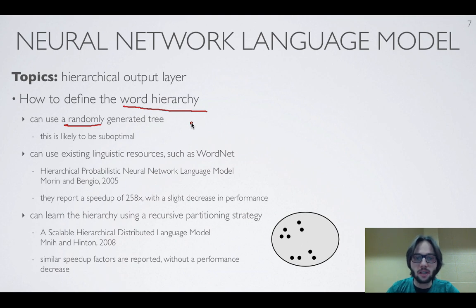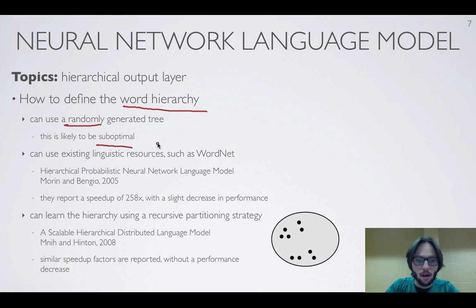And then we just assign the leaves of that tree randomly to different words. So we take each word and we assign it randomly to a different leaf in the tree. This is likely to be suboptimal, and for language modeling, it actually is. We get worse performance by doing this than by using a softmax layer. That being said, it's not entirely terrible.